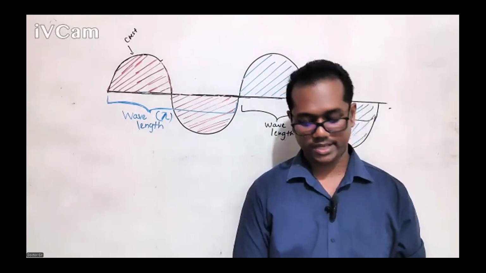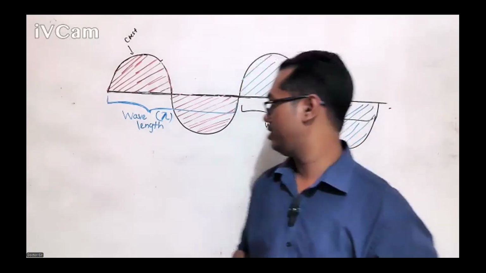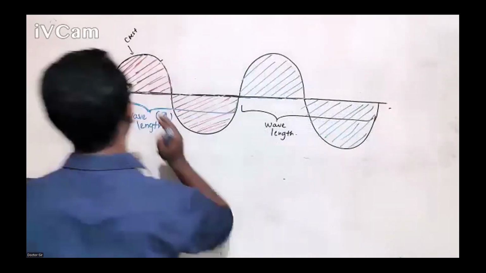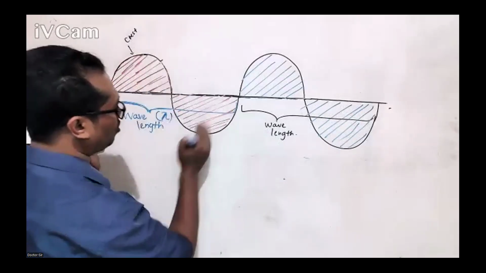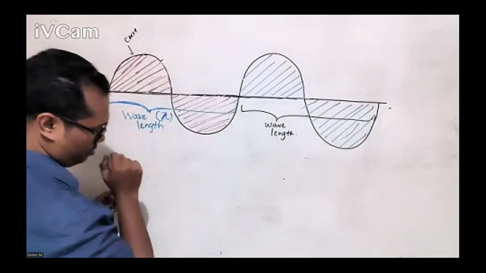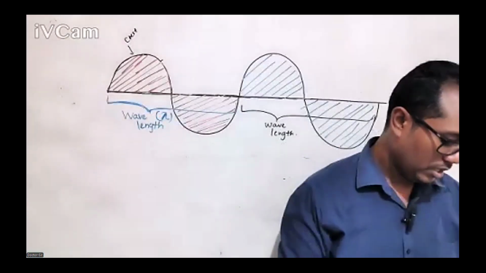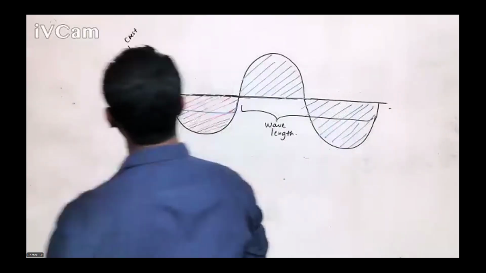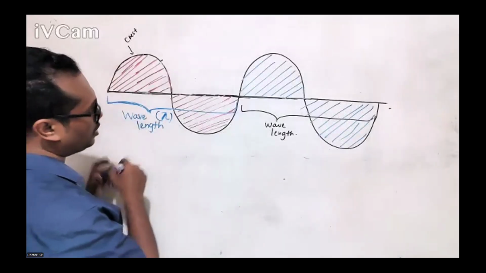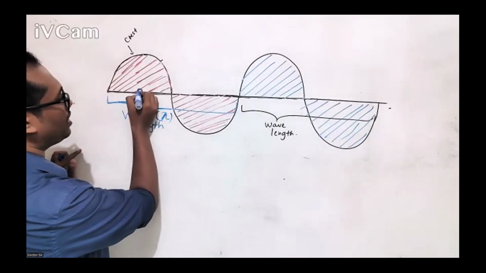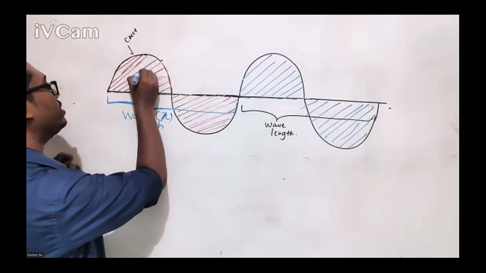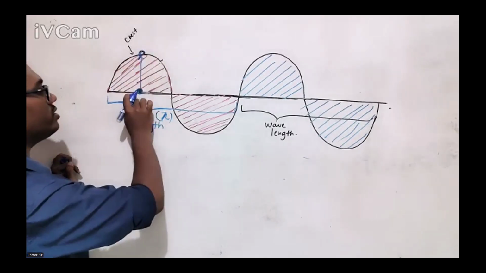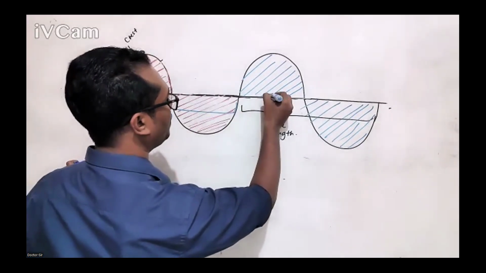So we will come again to the wavelength. I think you almost finished that. So we can write down. Note that it is not only the length of crest and trough. We can take any two consecutive points, that means the same movement. If you consider here, if there is a molecule here, it will go to a height here. At the same movement it will be here, in this crest.